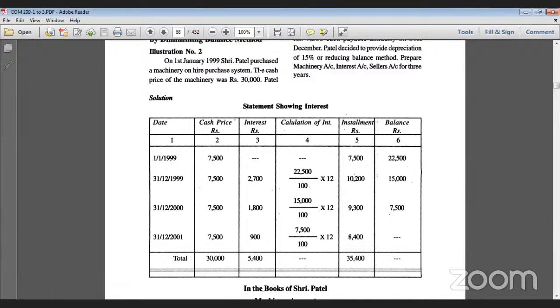Patel purchased machinery on hire purchase system. The cash price of the machinery was 30,000.